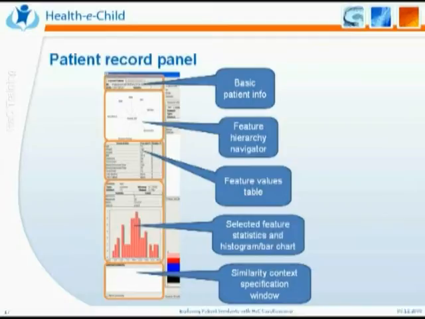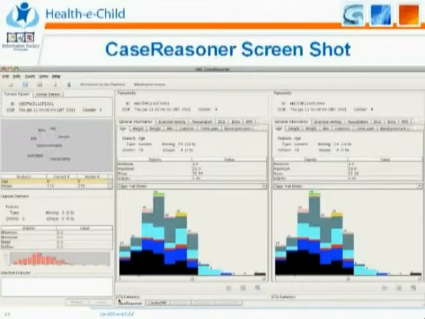The aim is to let clinicians explore and compare the patient's records regardless of their geographical location and to visualize their place in the distribution within the whole population of patients.